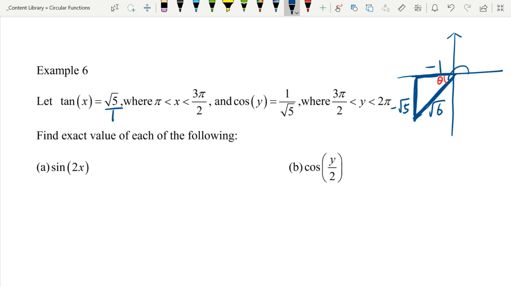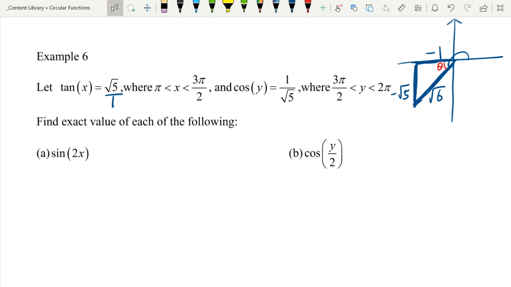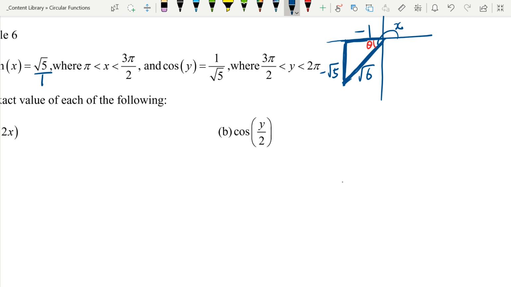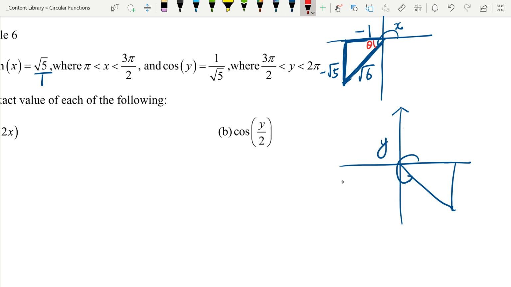Then for the positive or negative of the straight sides, you need to think about whether it's the negative side of the x-axis or the negative side of the y-axis. So this is the angle x. Then we can do the angle for y as well. Which quadrant is y? Fourth quadrant. This is the angle y, the same as talking about this angle beta here.